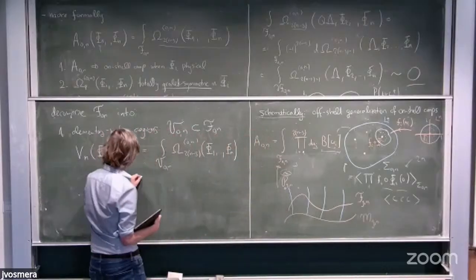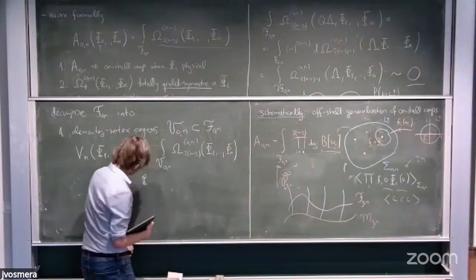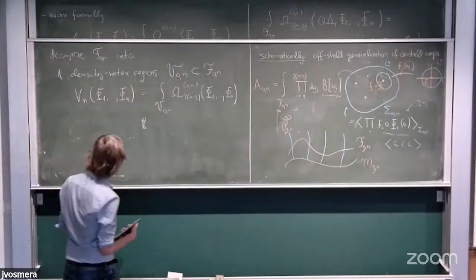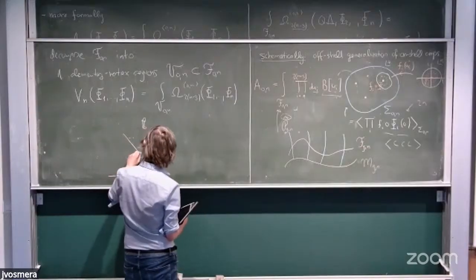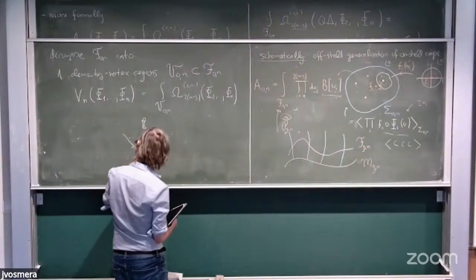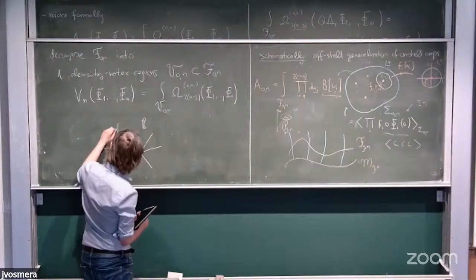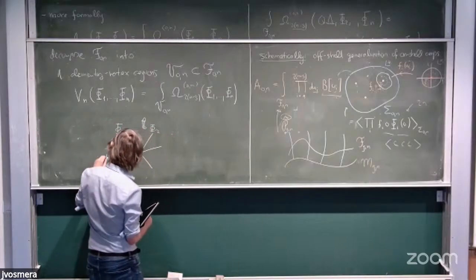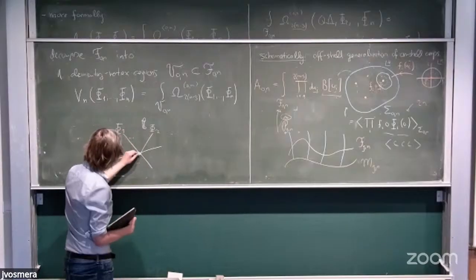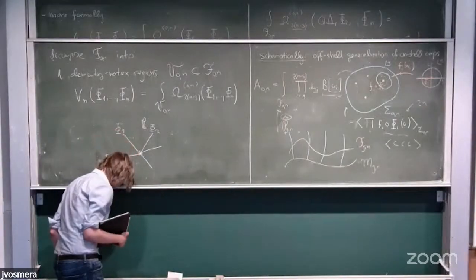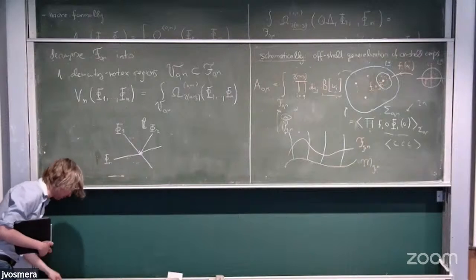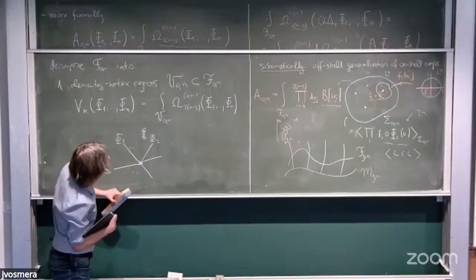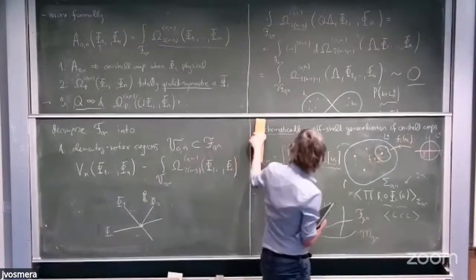And at the level of the Feynman diagrams, these are to be interpreted as elementary vertices. So now, of course, you can never hope to cover the whole space F0 by just these elementary vertices.